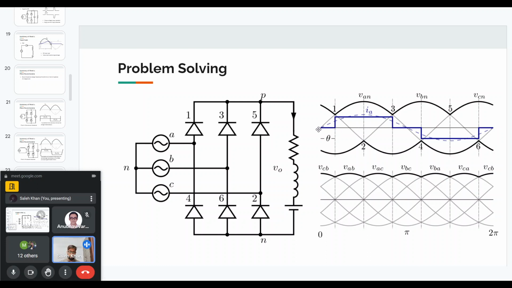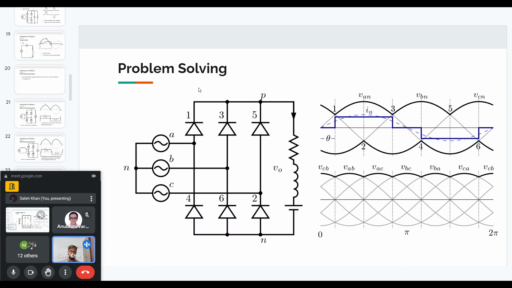Now we can also see the current waveform. We are saying that the load current is always continuous. It is a continuous DC current. At this point D1 turns on, and A phase is connected to diodes 1 and 4.